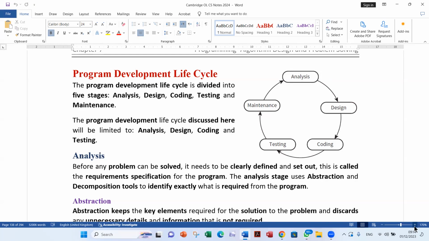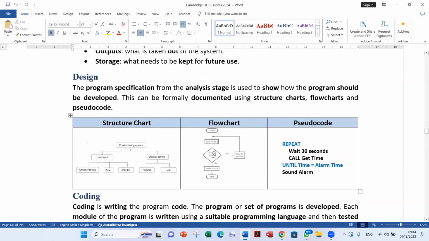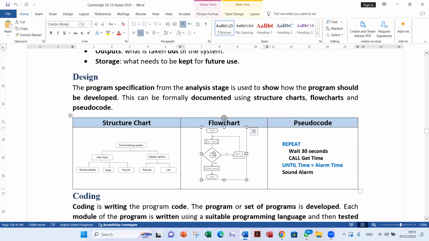So what are designs? Draw on a piece of paper what will be called a flow chart of the program. This is what is called a flow chart. Write some instructions in a form that we will later call pseudocode, or just draw the structure of the program by splitting it up into smaller parts.